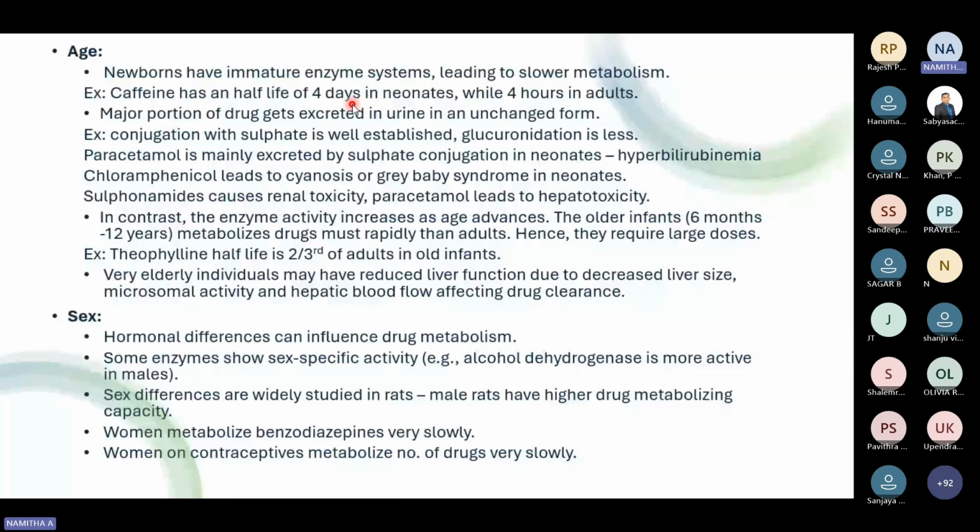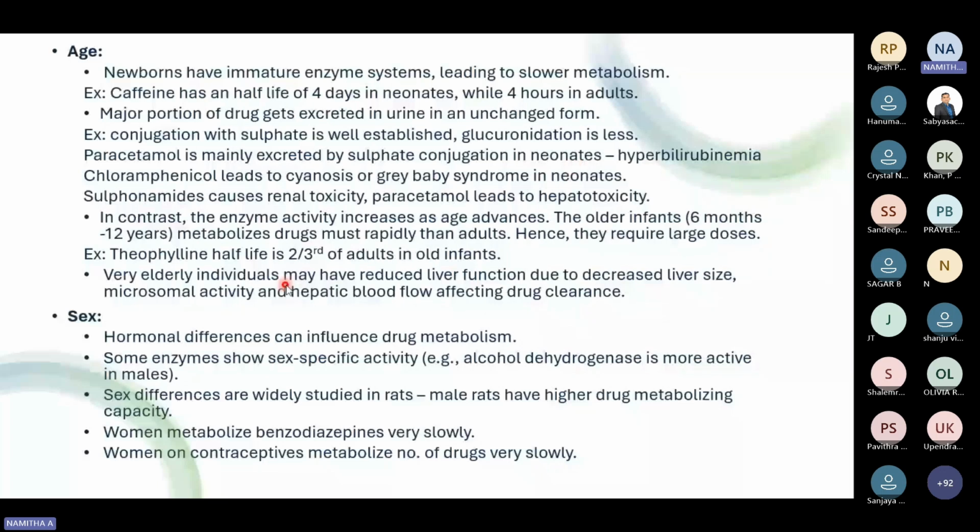Conjugation with sulfate is well established, however glucuronidation is much less established in neonates. For example, paracetamol is mainly excreted by sulfate conjugation in neonates. The overdose might cause hyperbilirubinemia. Sulfonamides cause renal toxicity. Paracetamol leads to hepatotoxicity.